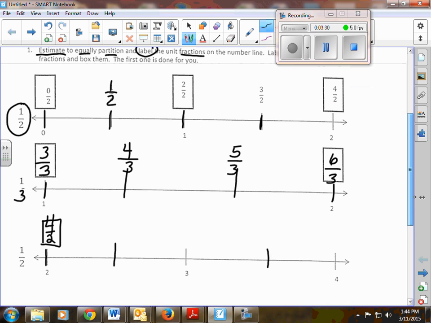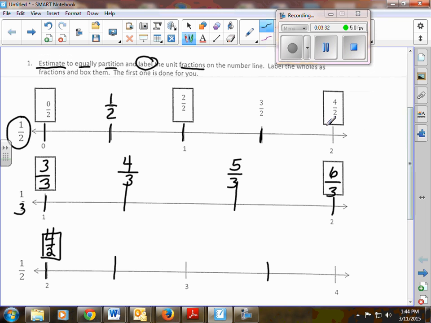Now let's go back up and look. If we have 1/2 on this number line, we know that 4 halves equals 2. What's another way of showing that? Let me show you a different way. Remember when I told you that this fraction bar is also a division bar?